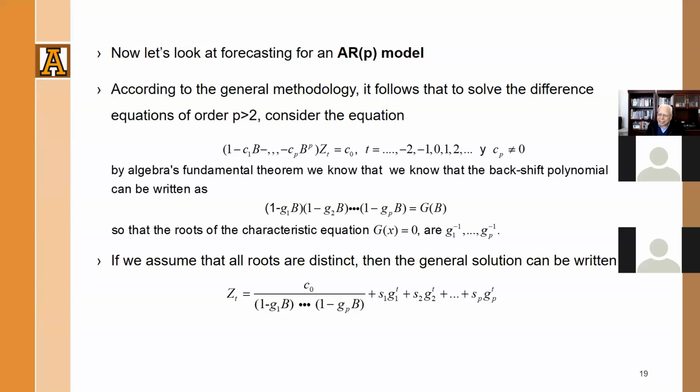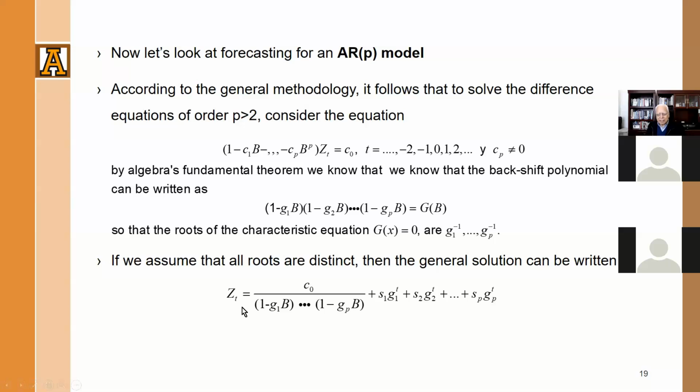If we assume that all the roots are distinct, which may not be the case since some roots may be the same, then the general solution can be written in this form.